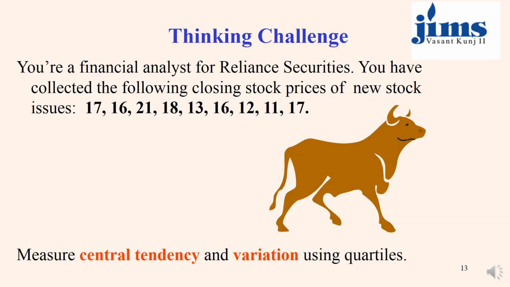Now, this is an example, Reliance Securities. Collect the following closing stock prices of the new stock, 17, 16 like this. What are the central tendency and variations using the quartiles? First, you arrange in ascending order, smallest to highest, and thereafter we can find the central tendency as well as variations using the quartiles.